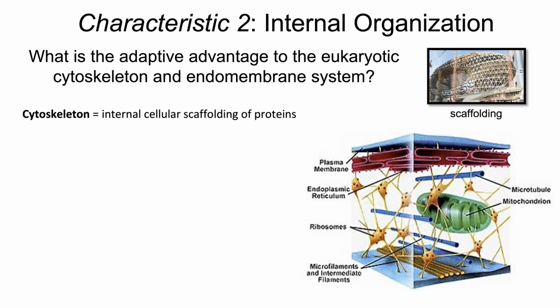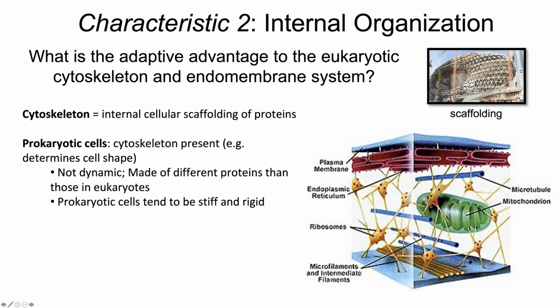In the same way that buildings have a scaffolding, cells have a scaffolding, and that is called the cytoskeleton. Just like you have a skeleton, cyto means cell, so this is the skeleton of the cell that makes the shape. What we're looking at here are things like these microfilaments and intermediate filaments, and all these yellow things that you're looking at. And that is the cytoskeleton.